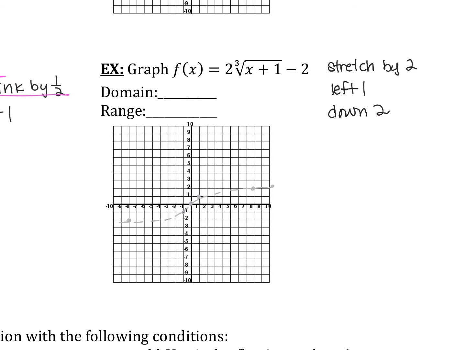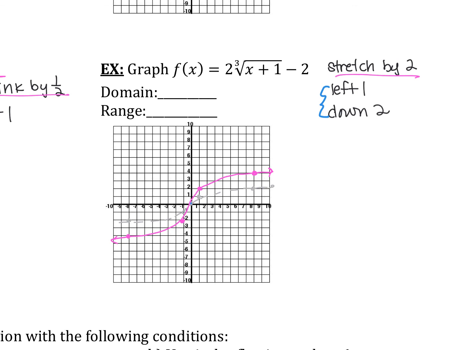So cube root function. I'm going to stretch it by 2 first. So I'm going to take and multiply everything by 2. That would be the pink graph. And then I'm going to move everything left 1, down 2. I'm going to do that all at once.